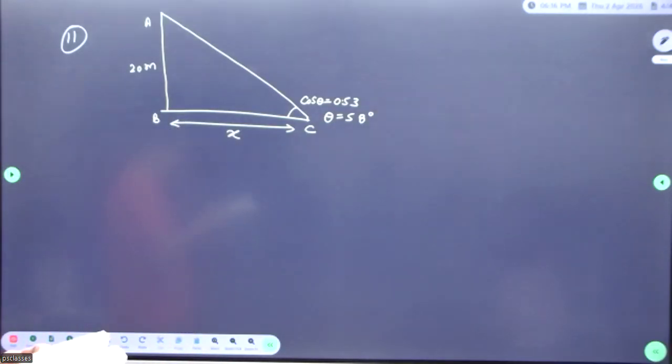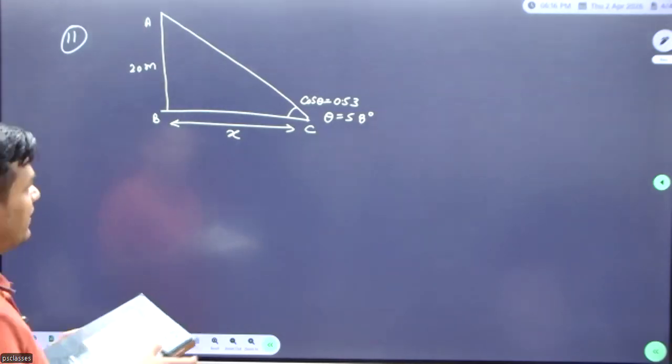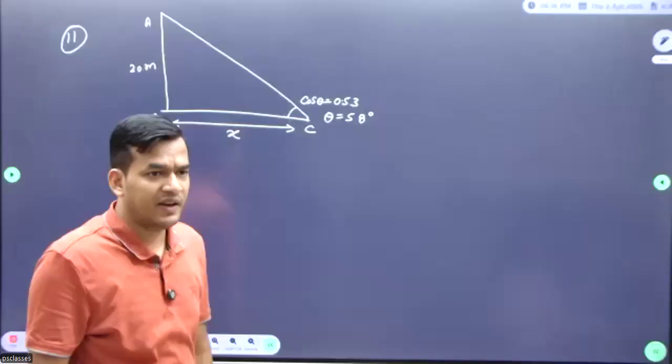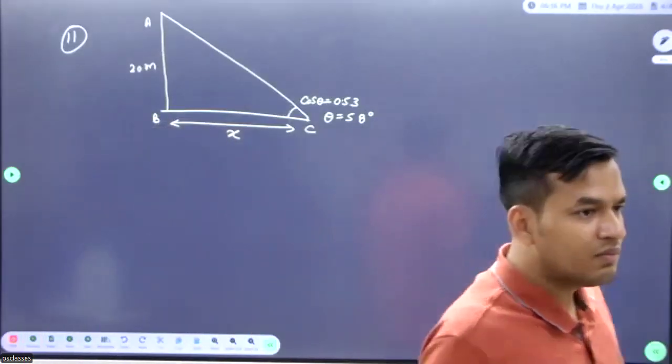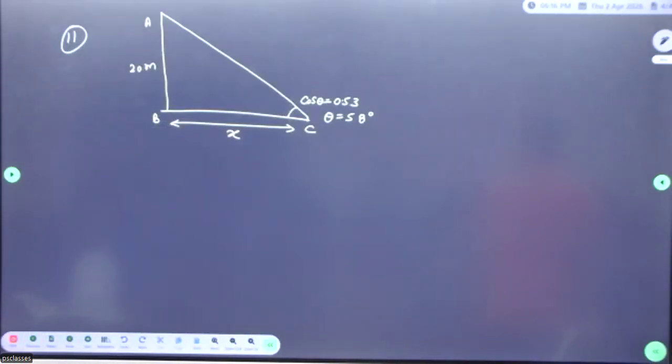From the table you can check. Search the cos table. You have to check the whole table, where this 0.53 lies. See, this is in proper order.